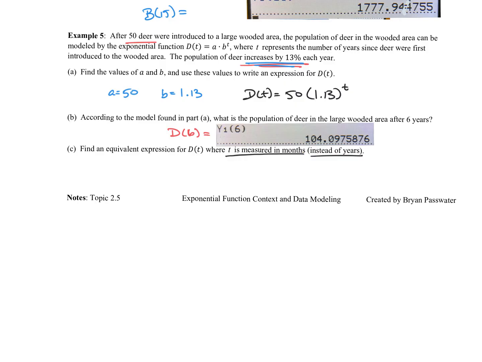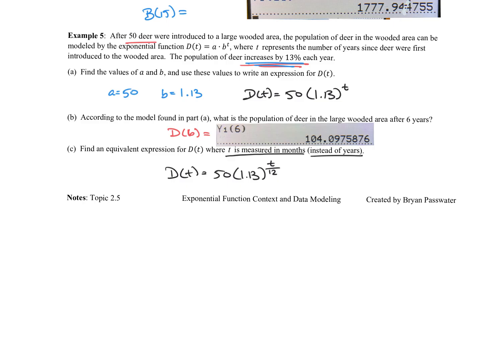So my d of t would be 50 times 1.13 to the power of not 12t, but t over 12, because now I'm inputting months but I want it to be equivalent to years. If it were in months first and I wanted it in years, then it would be to the power of 12t, but this way I'm going backwards.